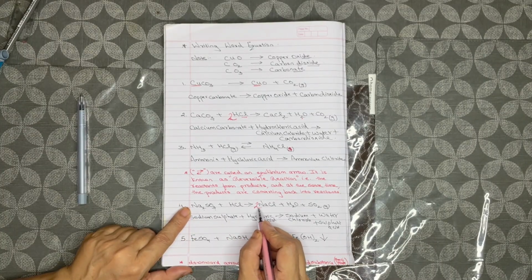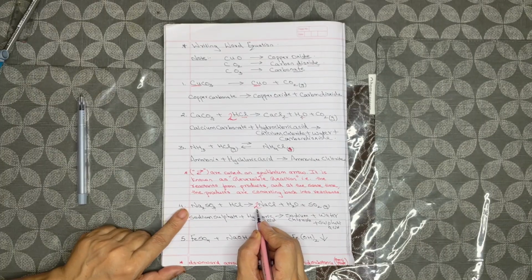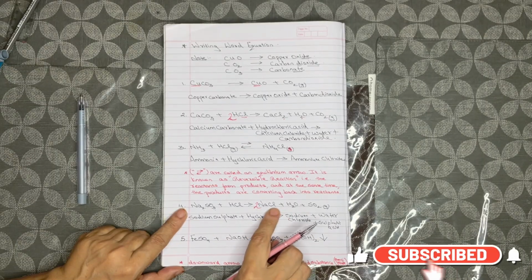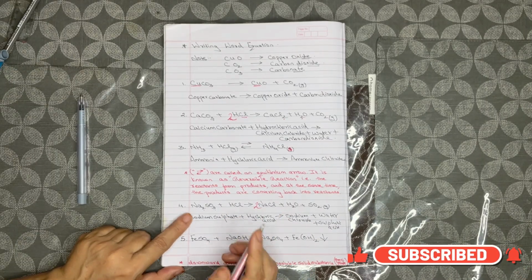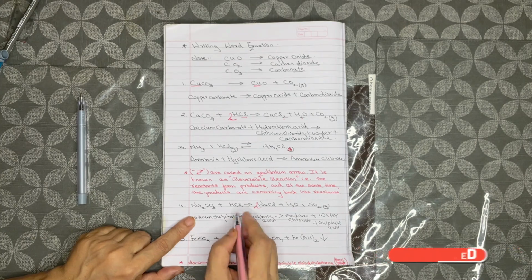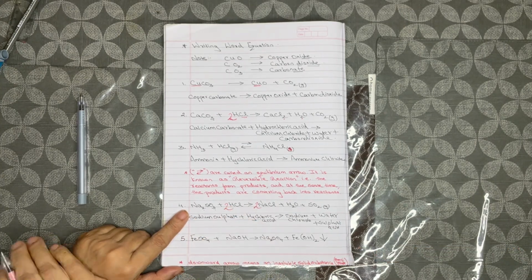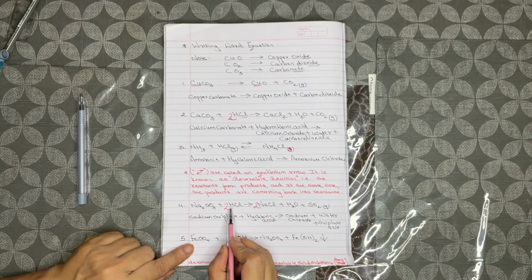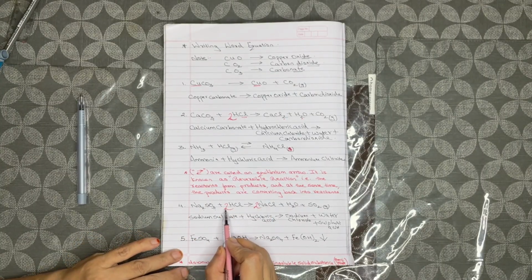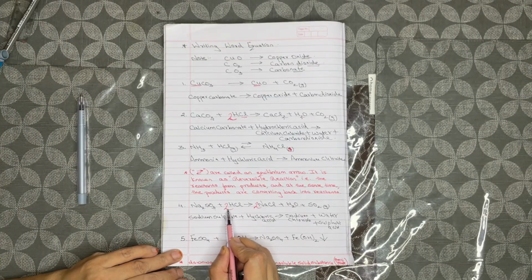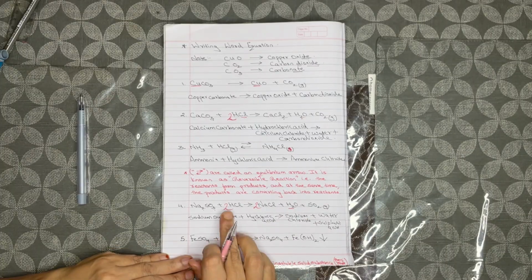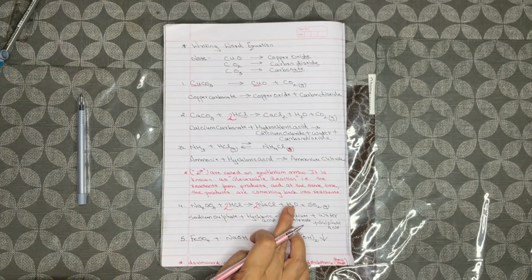Now अगर आपने Na के साथ 2 लगाया तो आपका Cl भी 2 हो गया, क्लोरीन भी 2 हो गया. सो राइट हैंड साइड पे क्लोरीन 2 है बट लेफ्ट हैंड साइड पे क्लोरीन तो एक ही है. सो अगेन क्लोरीन को 2 करने के लिए हम यहाँ पर 2 लगाएंगे. क्लोरीन 2 हो गया बट एट द सेम टाइम हाइड्रोजन भी 2 हो गया हाइड्रोक्लोरिक एसिड में. नाउ दिस इज 2, hydrogen is 2, and on the right hand side hydrogen itself is 2, which means hydrogen and chlorine now it gets balanced.